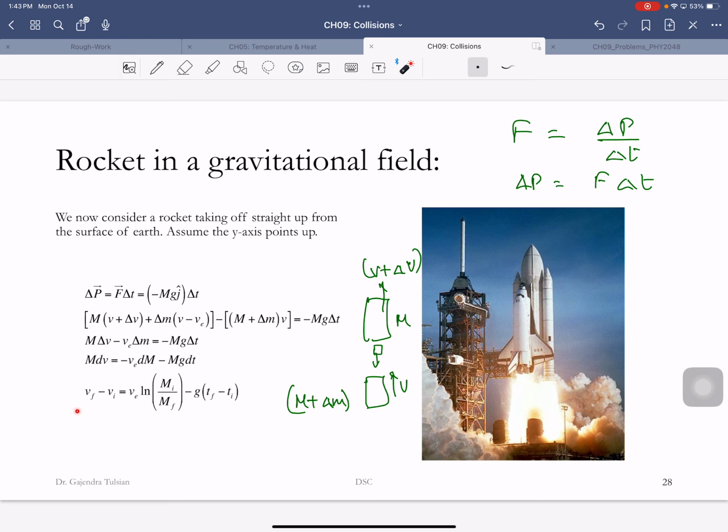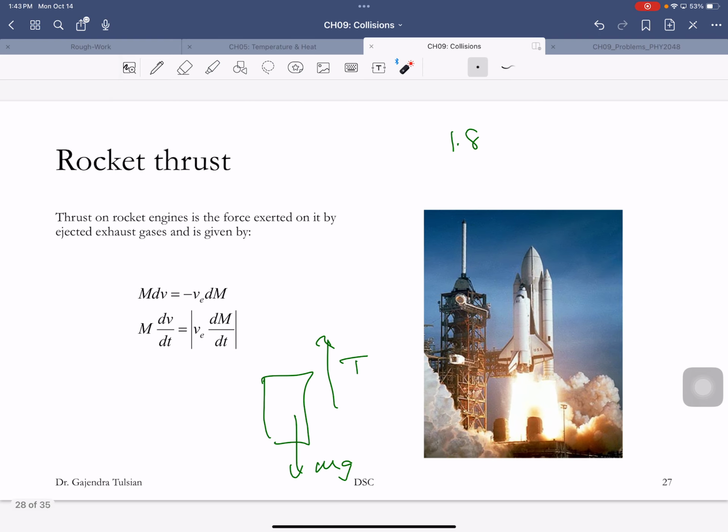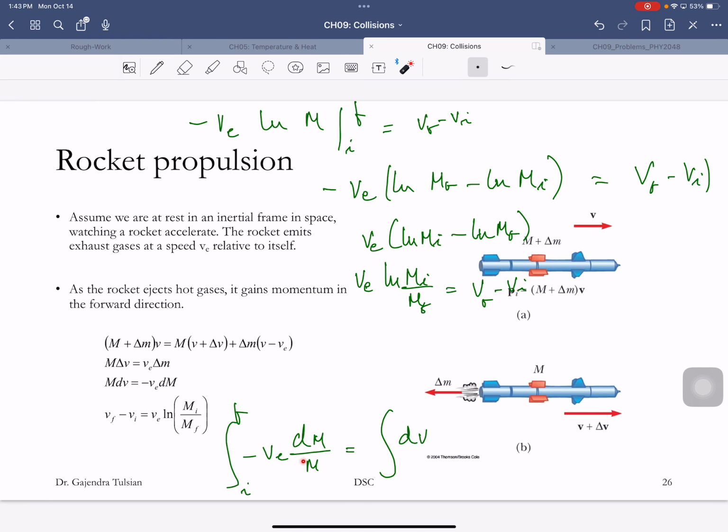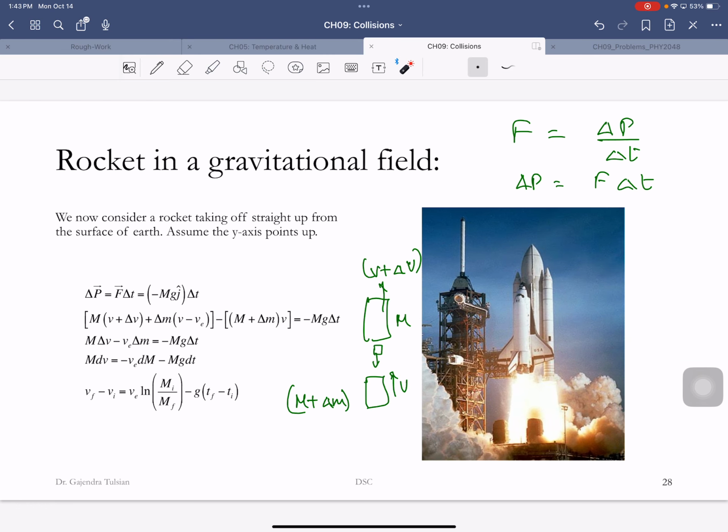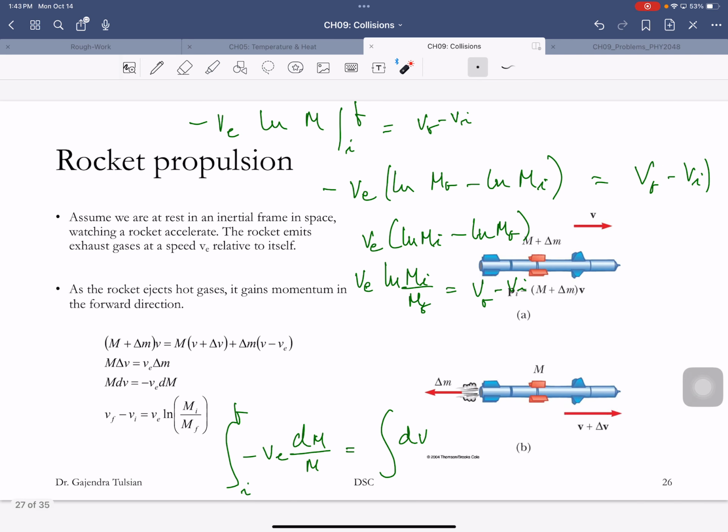And again, just like last time, you can integrate, and here's what you get. The final velocity minus initial velocity is exhaust velocity times log of mass initial divided by mass final, minus g times t. The earlier equation didn't have that g term, so in space you didn't have that term.